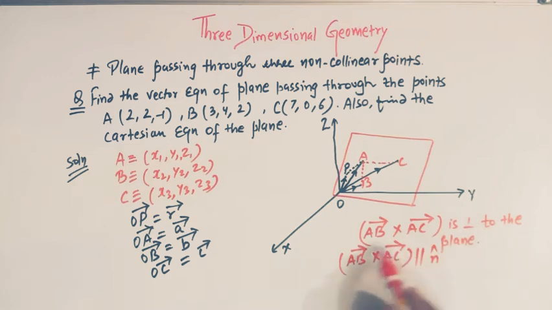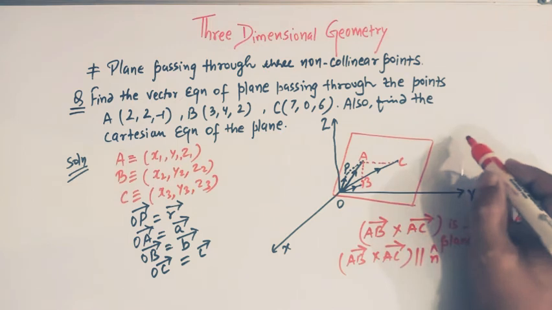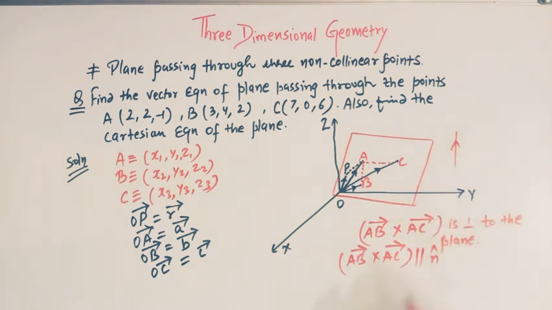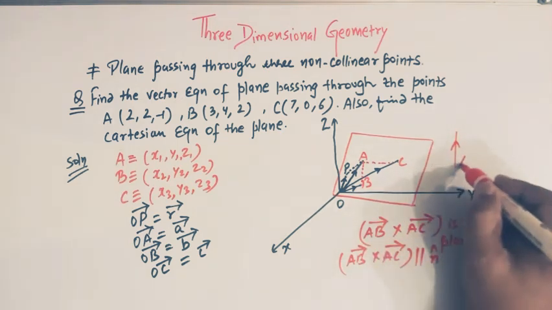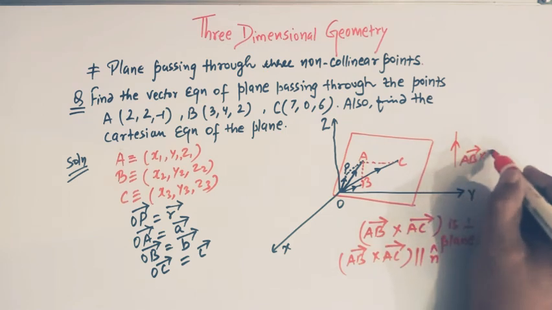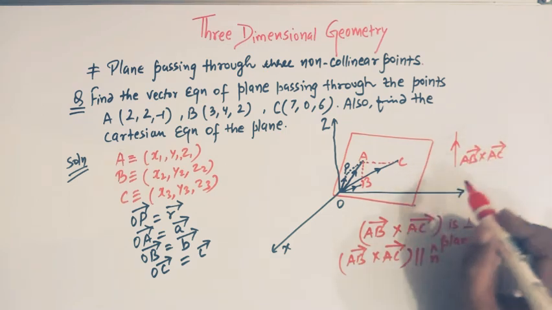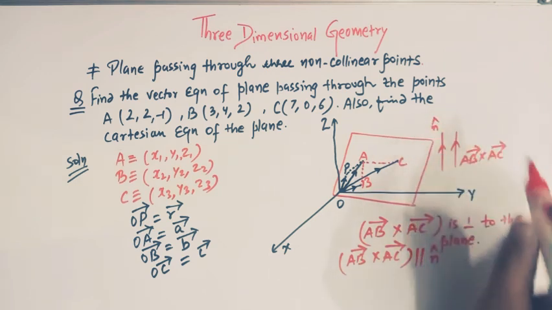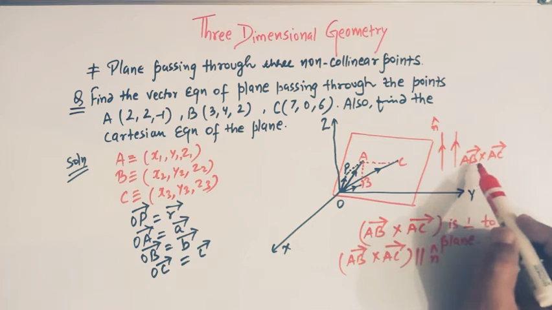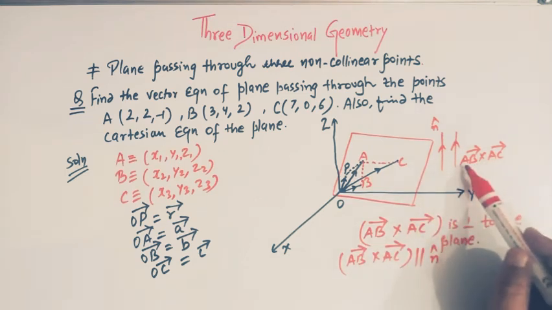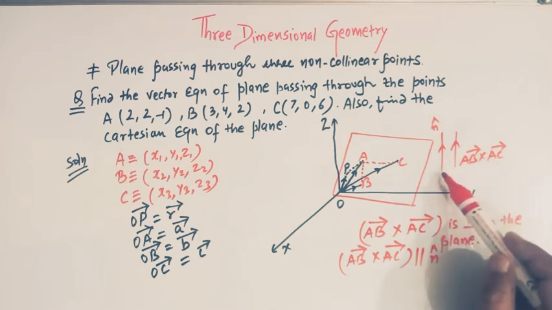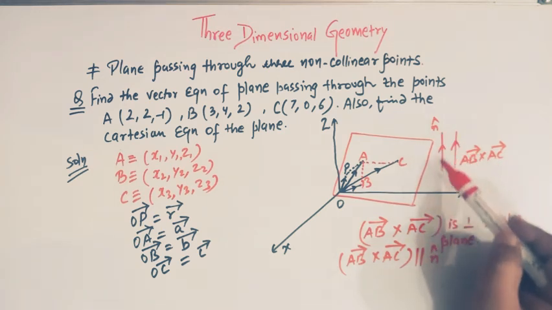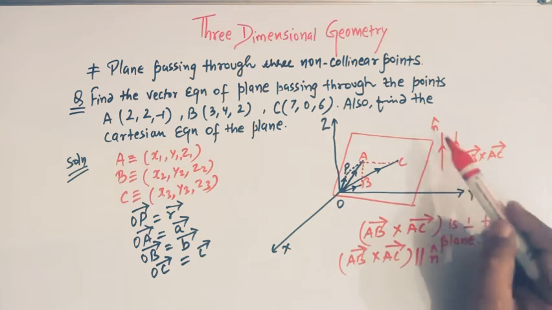If we take the direction of AB cross AC like this, then the normal vector will be parallel to this vector. So the direction ratios of AB cross AC are proportional to the direction ratios of this vector n cap.